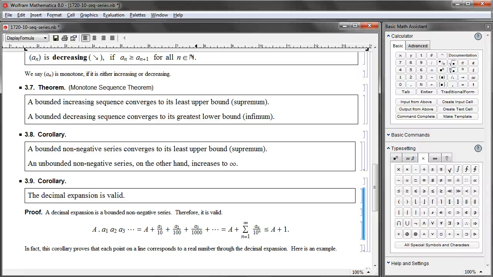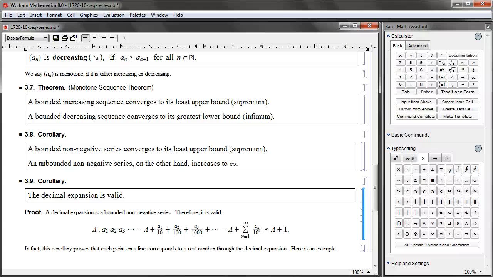We divide the real line into equal lengths of length 1, then divide that length 1 into 10 pieces and assign the first decimal digit, and then 10 pieces again, and so on and so forth. So we can narrow down to any point on a real line, and that's a decimal expansion.